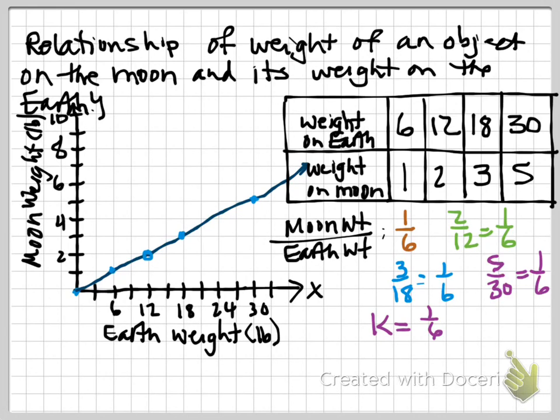Do I multiply the weight on the moon by 1/6 to get to the weight on the Earth, or do I multiply the weight on the Earth by 1/6 to get to the weight on the moon? Okay, so I'm going to multiply 1/6 by the weight on the moon. Is that what we're saying? Okay, so let's look. If what I'm multiplying is the weight of the moon, well, this is what you guys told me, so now I've got to look.